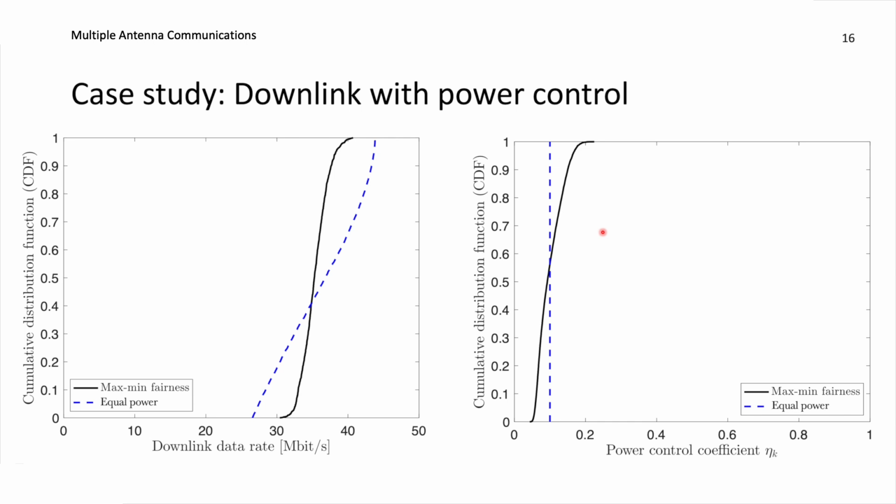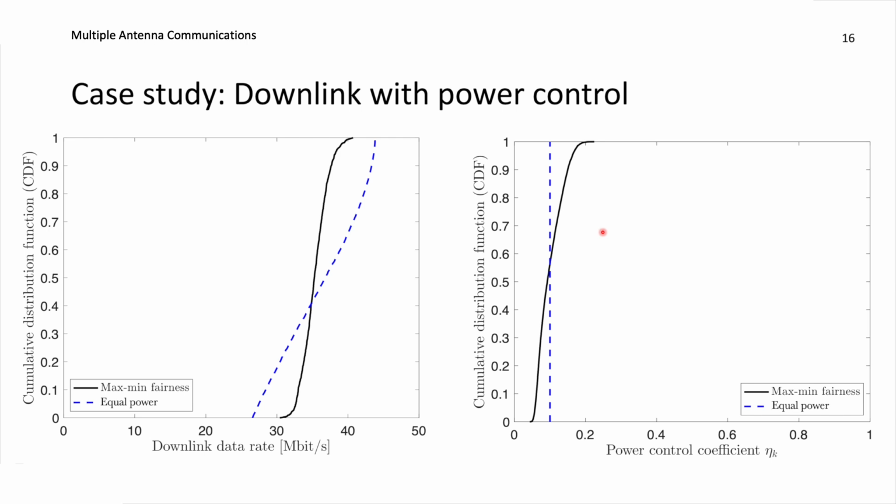Some users are close to the base station, so they get these signals through a strong channel, and some users at far away locations are getting both the signals and the interference through a weaker channel. But we cannot say that one person is going to transmit with 50 decibels more than the other, because then that is going to lead to immense interference for other people.